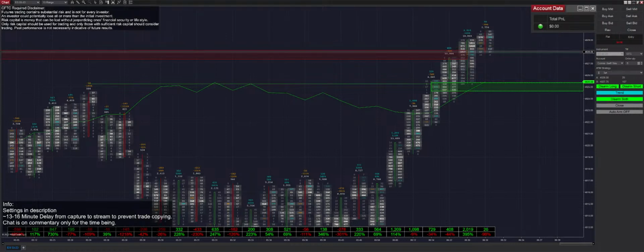We're starting out and we're just going to turn the strategy on in its most basic mode, just arm both there.